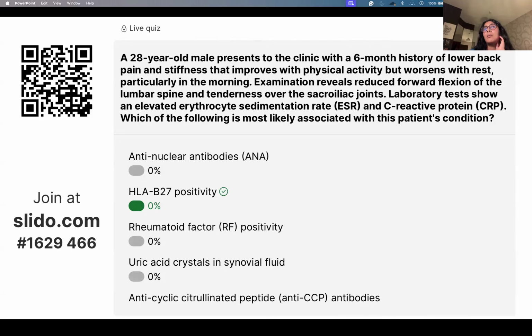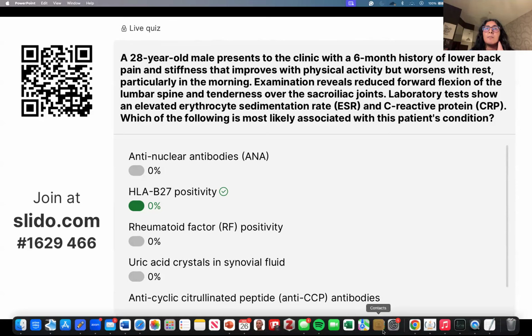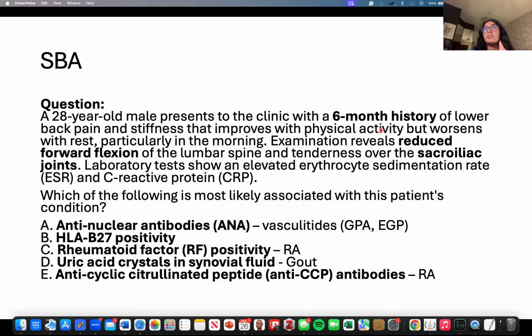And the forward flexion of the lumbar spine and the sacroiliitis is pretty standard for ankylosing spondylitis. So out of these things, we're thinking something seronegative, and the only thing that's associated with HLA-B27 is the seronegative arthropathies.